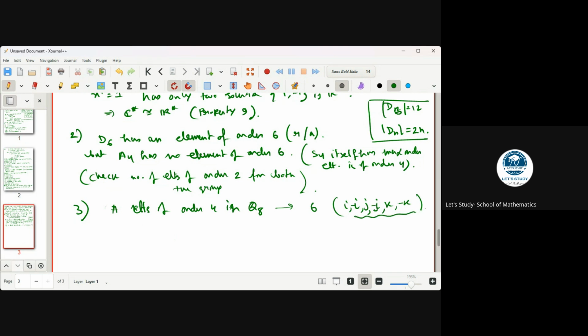These are all the elements. And the number of elements of order 4 in D4 is 2.